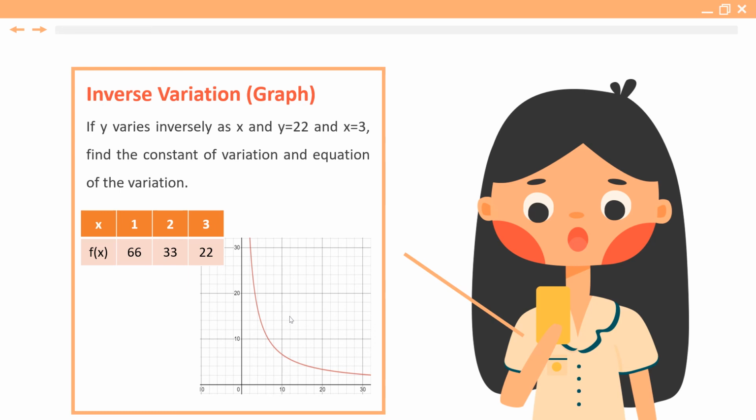So if y varies inversely as x and y is equal to 22 and x is equal to 3, this would be the graph. So like what I said earlier, just make your own table of values and then plot your points, wherein x should not be equal to 0.